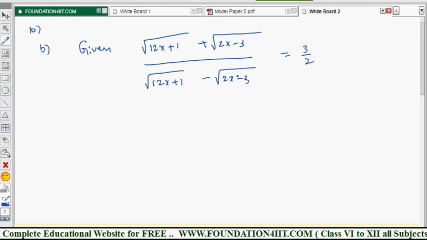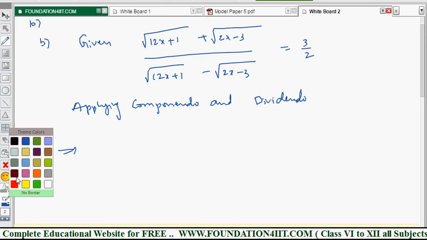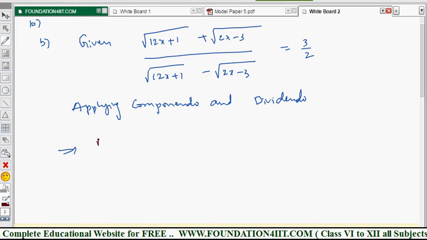Whenever we have questions like these, we should directly apply componendo and dividendo. You add the numerators and denominators, and subtract the numerators and denominators. So applying componendo and dividendo, it will be changed like this.